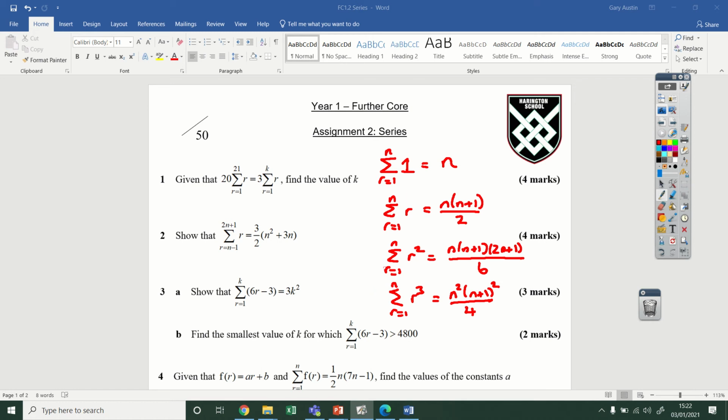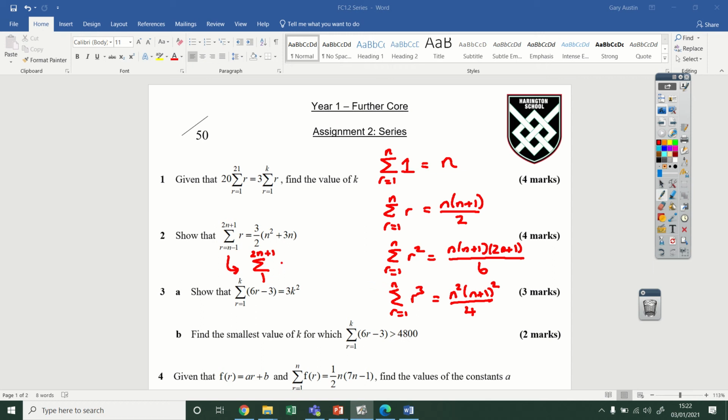Bear in mind as well, for questions like question 2, if your bounds are different from 1 at the beginning and n at the top, you're going to have to adapt these 4 to use them. So for this second one, I would begin by writing down what that is as a sum from 1, and then that's going to be all the way up to 2n plus 1 of r.